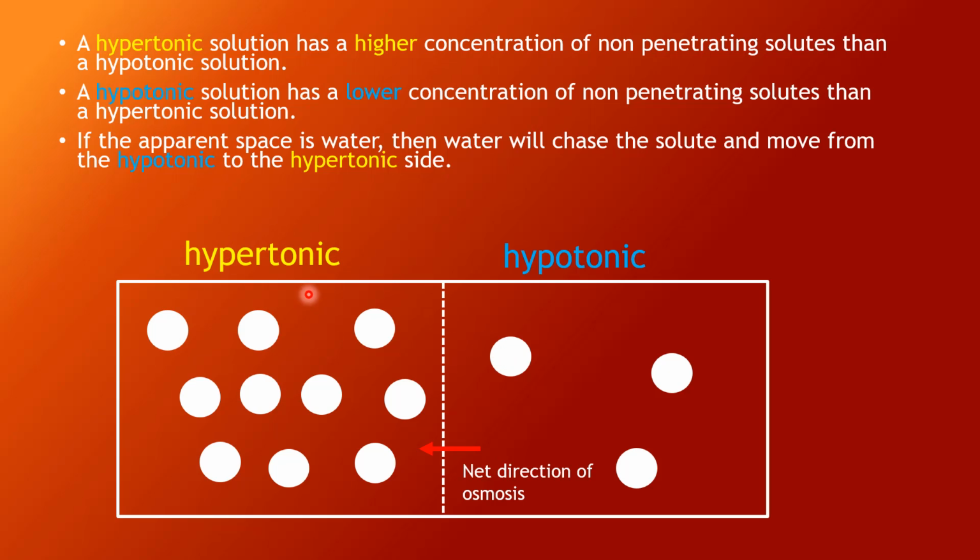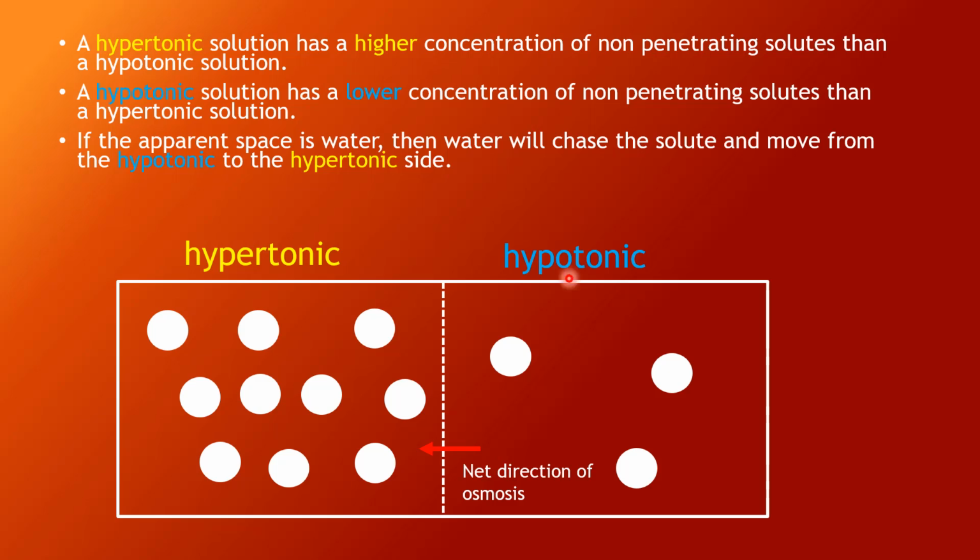So on the left-hand side, we have lots of solutes, so this is hypertonic in comparison to the right-hand side, that's hypotonic. Again, we could reverse the way we view this and just say that the right-hand side is hypotonic in comparison to the left-hand side that's hypertonic.